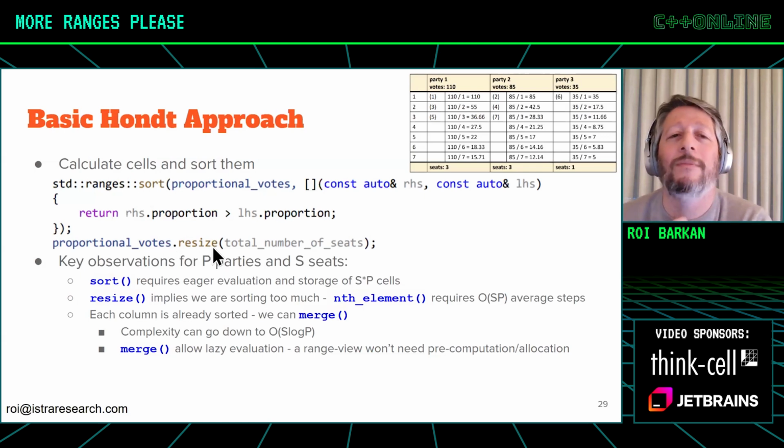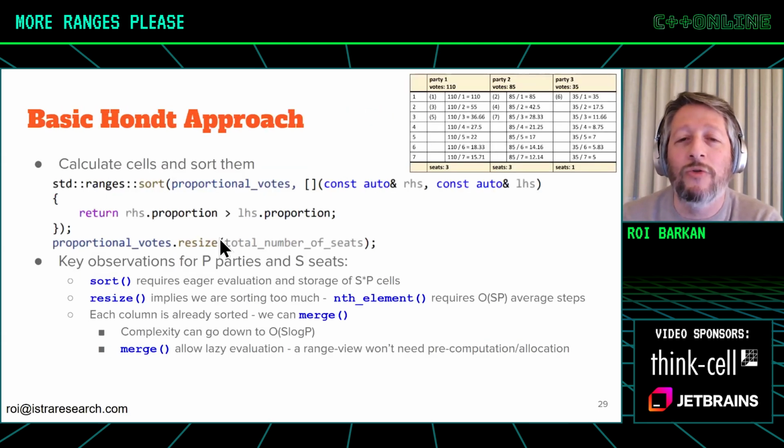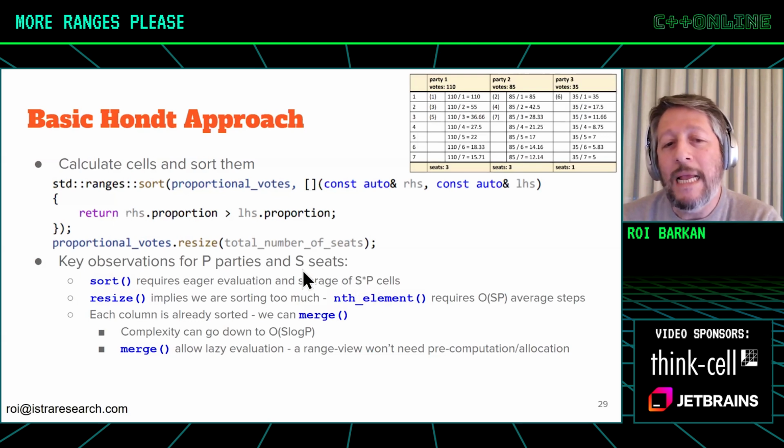So a lot of work is being spent sorting this whole table, but then we're dropping much of the results. So I thought that this could be improved. And so basically, the sort operation is eager, and it takes S times P cells. S is the number of seats, P is the number of parties. And then with the resize, we're throwing a lot away.